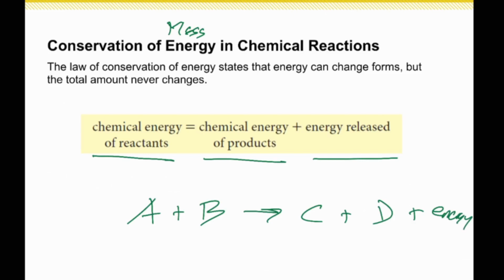An endothermic reaction would be one where the energy is going in, like that. So endothermic, it's coming in. Exothermic, it's coming out. Okay. And you could also think about it in terms of just general energy. It doesn't have to be heat. General energy coming in, endergonic. Energy coming out, then that's going to be exergonic.